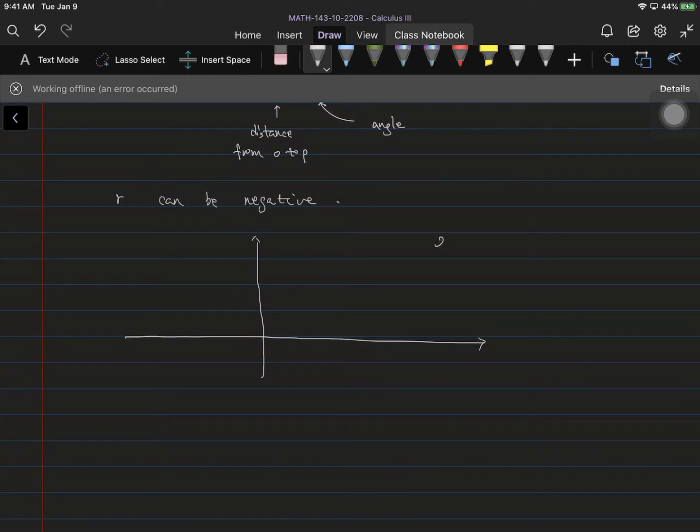If the point is (2, pi over 6), what's the meaning? Pi over 6 is 30 degrees, right? So the angle is here, and if the length is 2, here is the point (2, pi over 6).